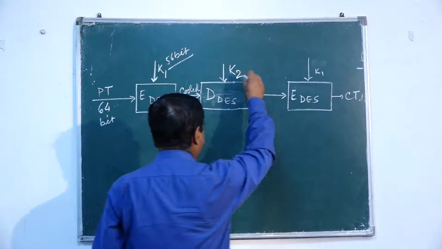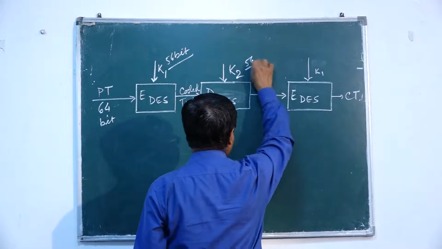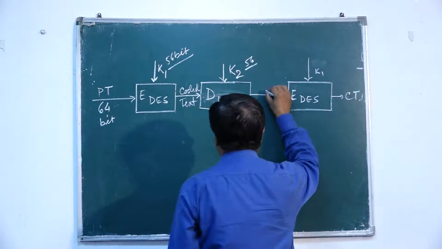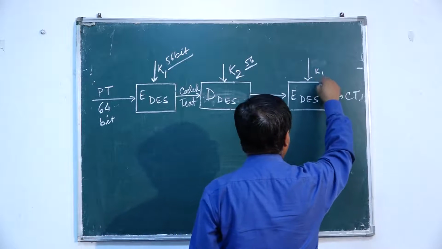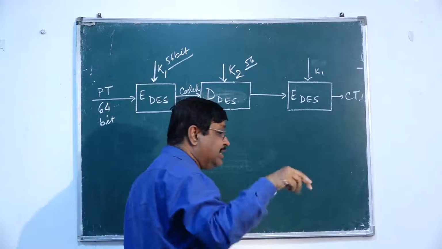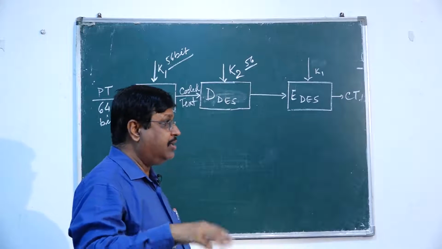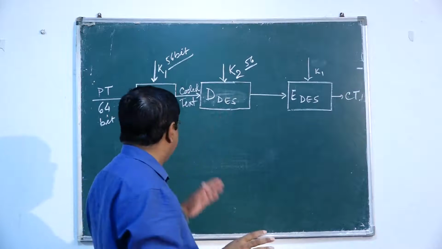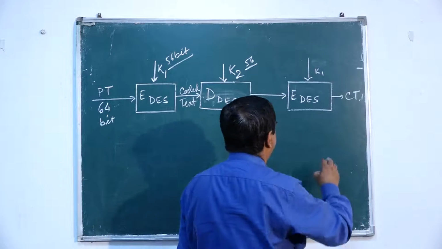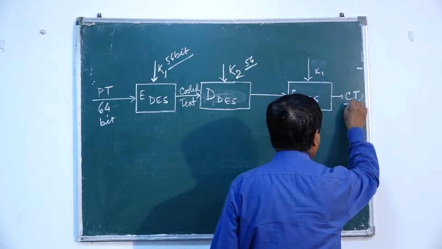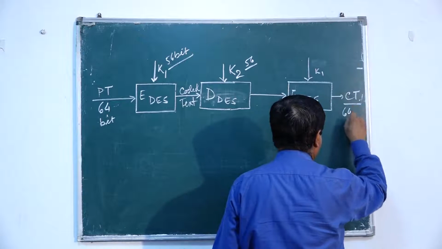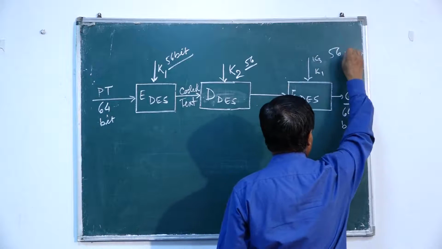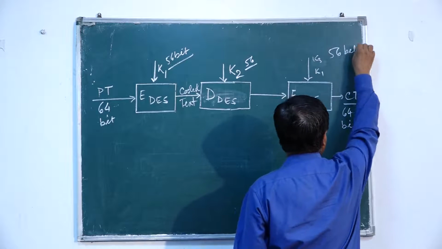For this we use another 56 bit key K2, and the resultant text is again encrypted with the help of either K1 or K3. Here again we get 64 bit ciphertext. If it is K3, then it is again 56 bits.